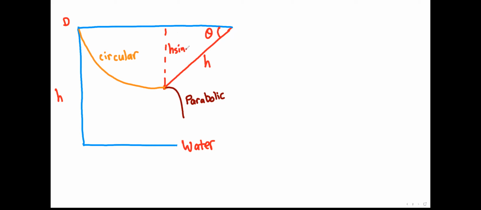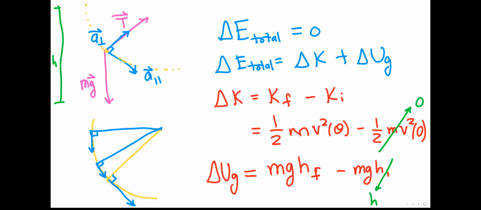Yeah. So if that's H sine theta and this is H, we need the other part, which is H minus H sine theta. So this distance will be H minus H sine theta, right? Yeah. So going back here, we have mgh final.